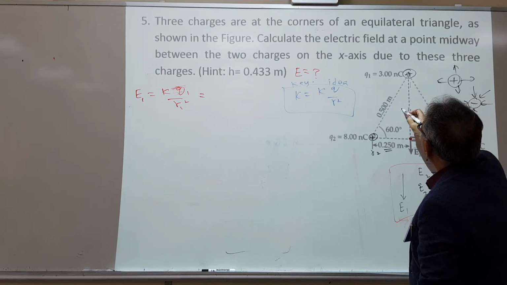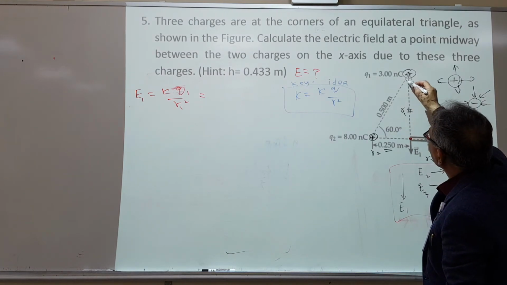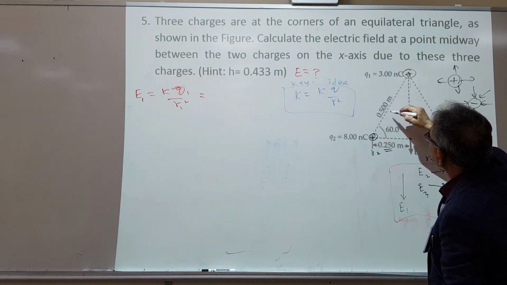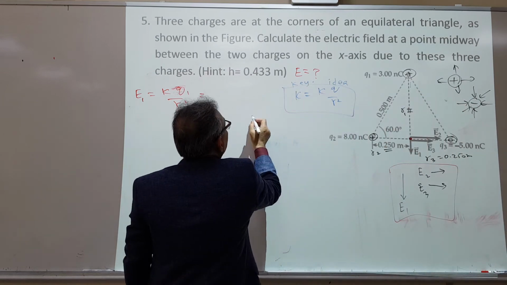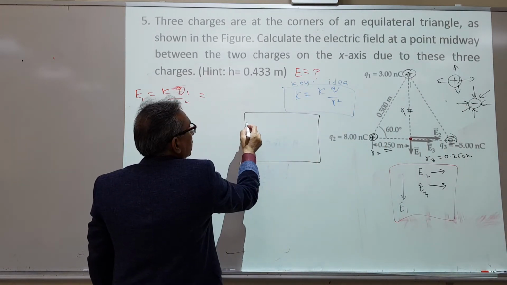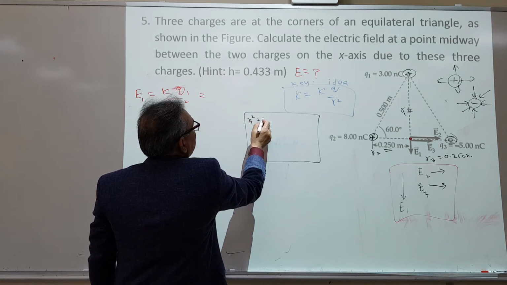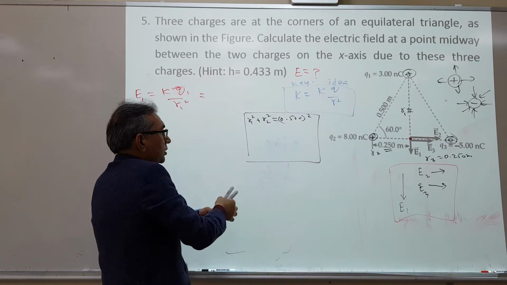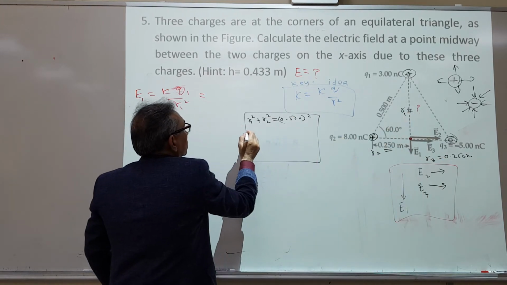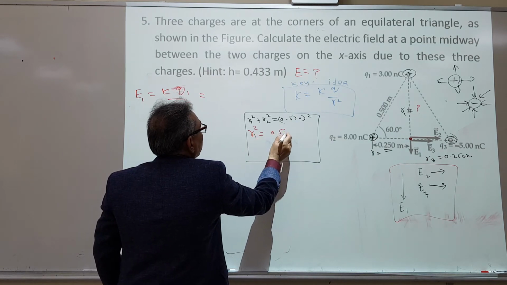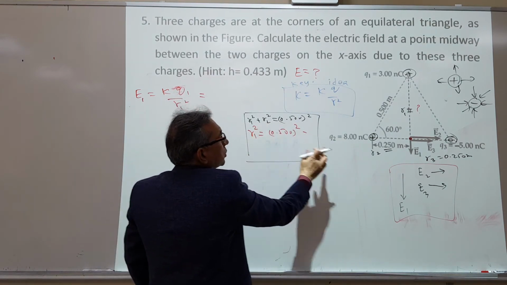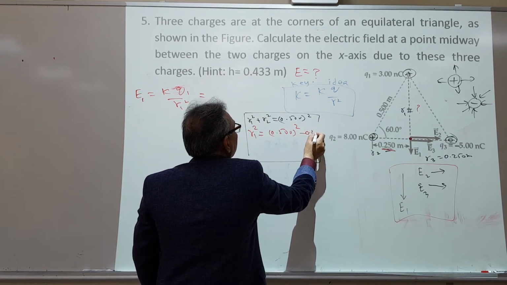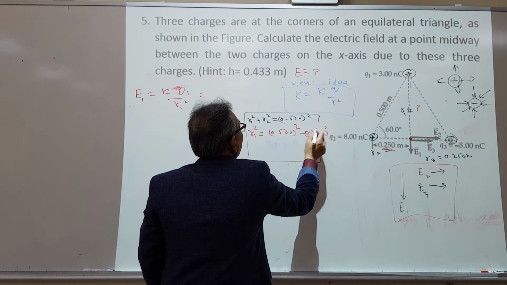This is R1. I can find it by using the Pythagoras theorem, right? R2 square plus R1 square is equal to 0.5 square. I need, in fact, R1. So R1 square is equal to 0.5 square minus R2, which is given to you, so minus 0.250 square.